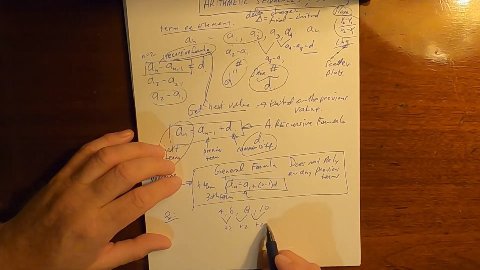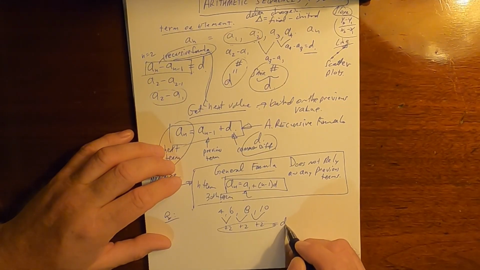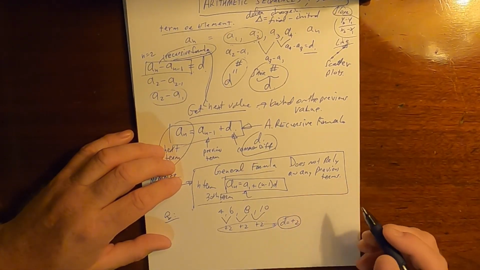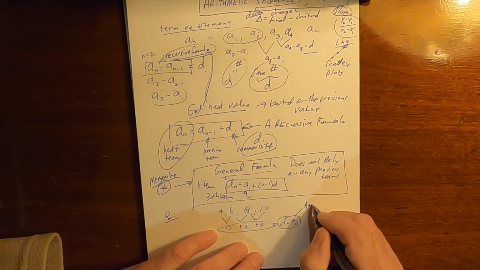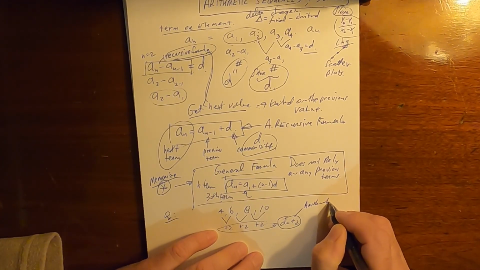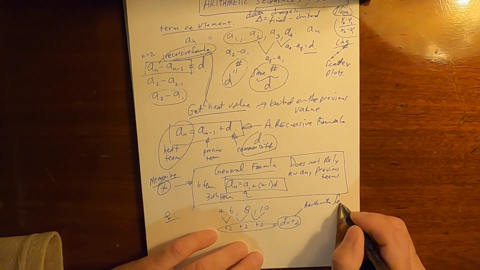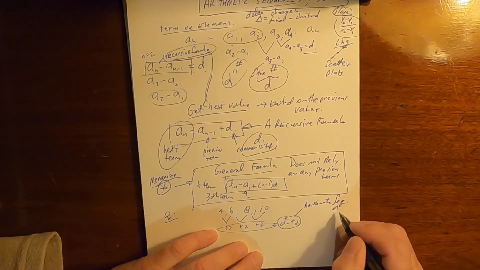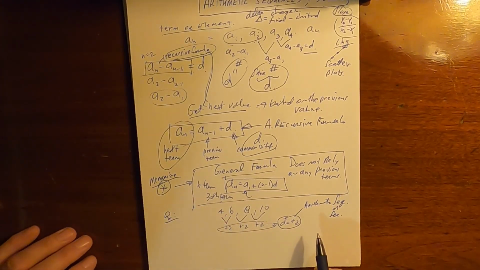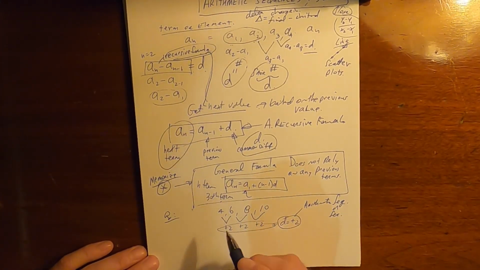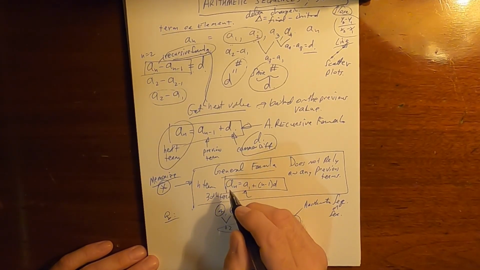So this is telling me d is plus 2. I have a common difference. This is an arithmetic sequence or series.